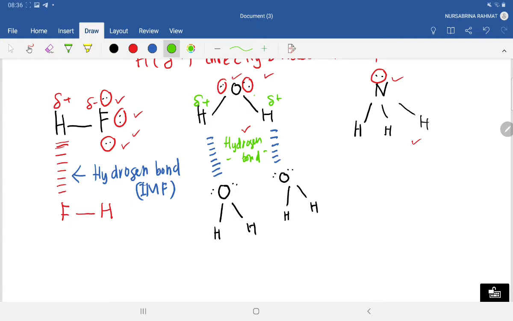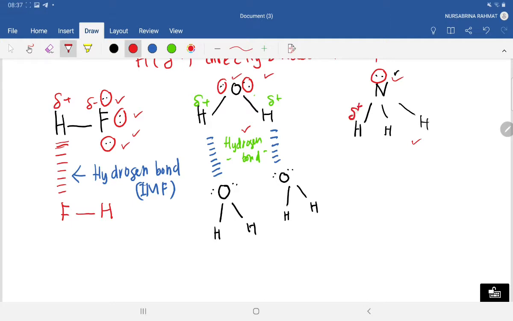Now let me show you nitrogen, in ammonia. In ammonia, there is only one lone pair on the nitrogen atom, which means it only has the ability to form one extremely partially positive H+.